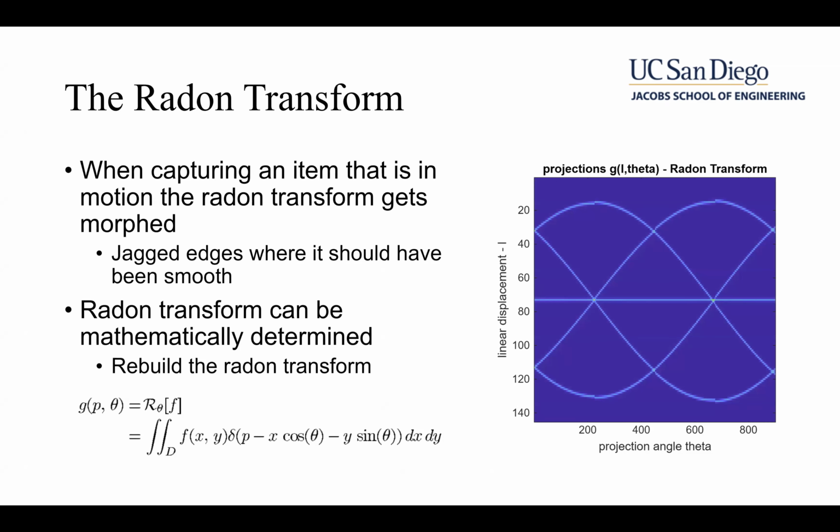So next, which is actually the bulk of the mathematical part of this, is the Radon transform. We know that the Radon transform can be built mathematically. And also when we examine the Radon transform of a picture that is in motion, we see that it gains jagged edges where it shouldn't have, and these are essentially what is causing the blurring.